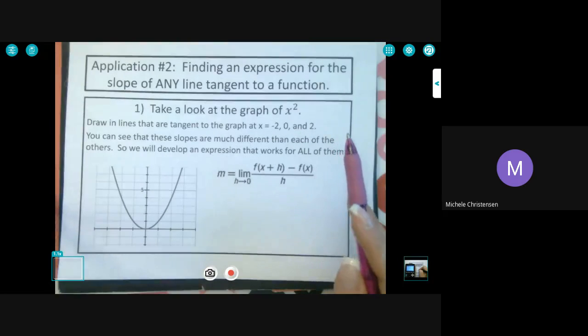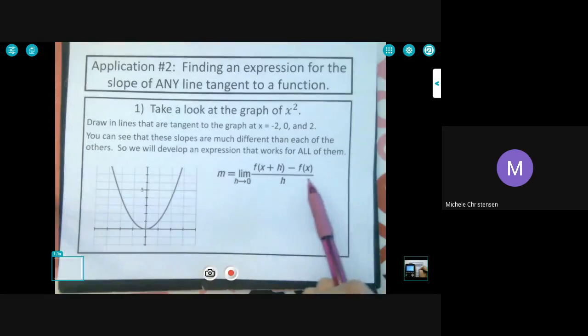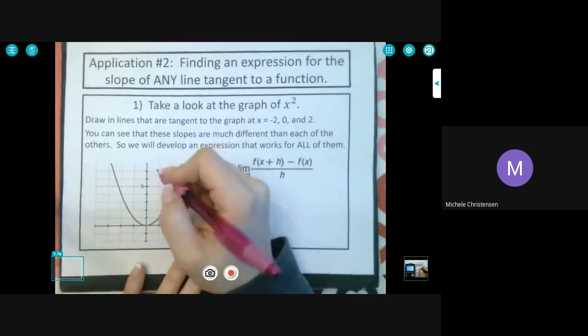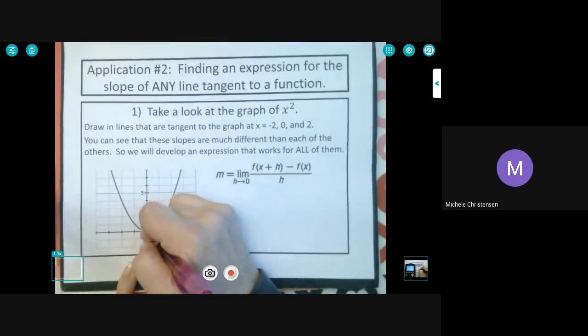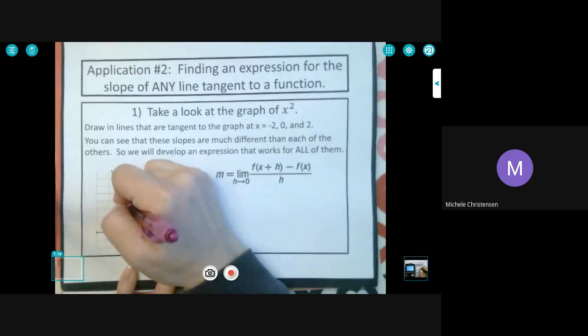Okay, so it says put a line in there to represent each of those tangent lines for those 3 values. Okay, so here's x equals +2, here's x equals 0, and here's x equals -2.